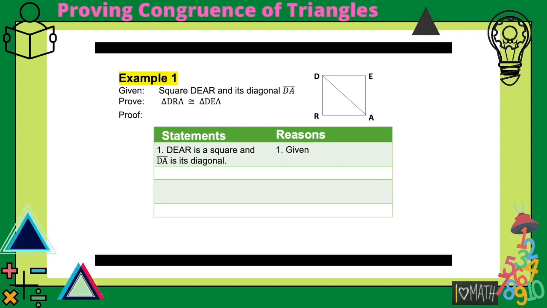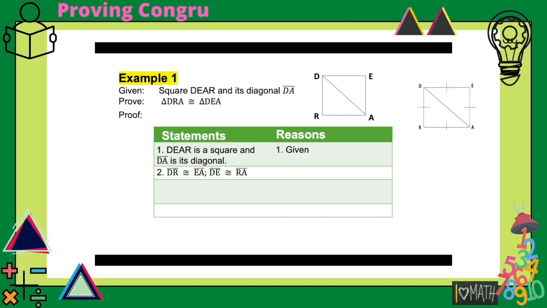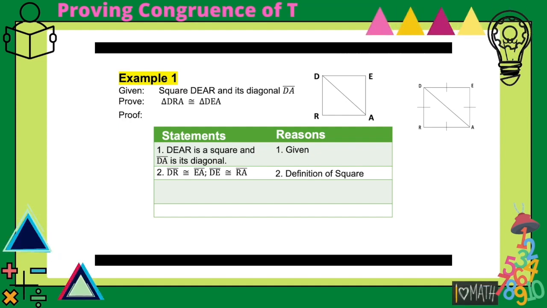Since DEAR is a square, the four sides are equal. Statement 2, we have segment DR is congruent to segment EA. Segment DE is congruent to segment RA. And the reason is definition of a square.